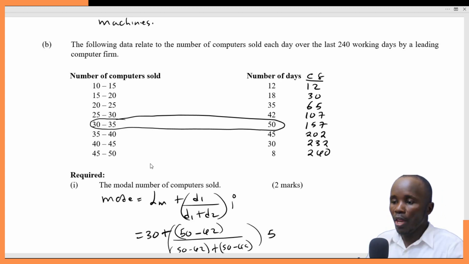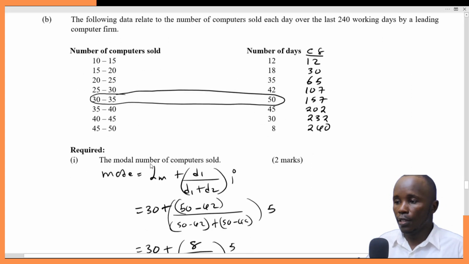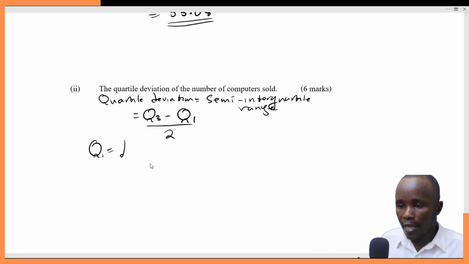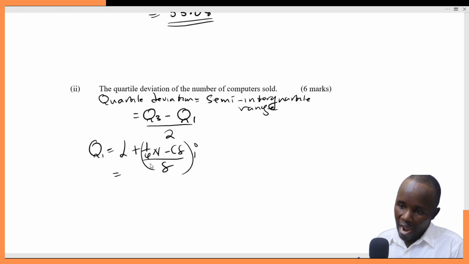Correct. Now, if you want to find the lower quartile, just take 240 divided by 4. It will help you to get Q1. So, let me now find my Q1 first. Q1 is given as L plus 1 over 4n minus Cf divided by F times i, the class width. So I have already found my class position at 60.